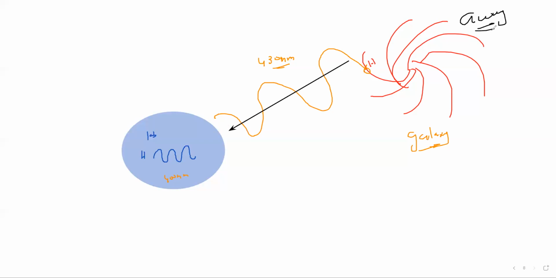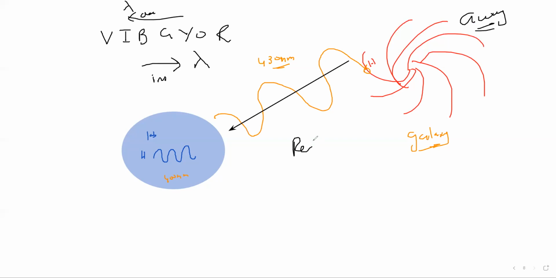And this is why we say the universe is expanding, because most of the galaxies show this increase in wavelength. We have the spectrum: violet, indigo, blue, green, yellow, orange and red. Red has the longer wavelength. In this order the wavelength increases; in the other order it decreases. So if the wavelength increases, we call that redshift.